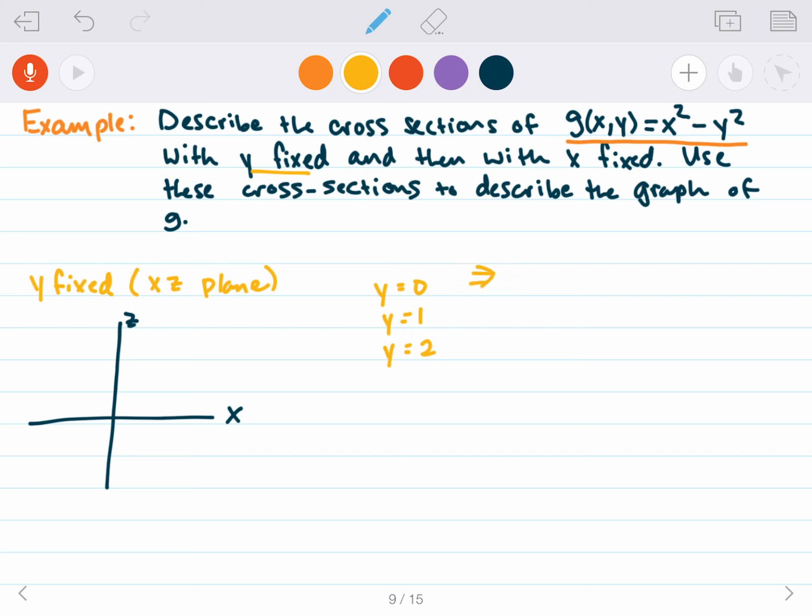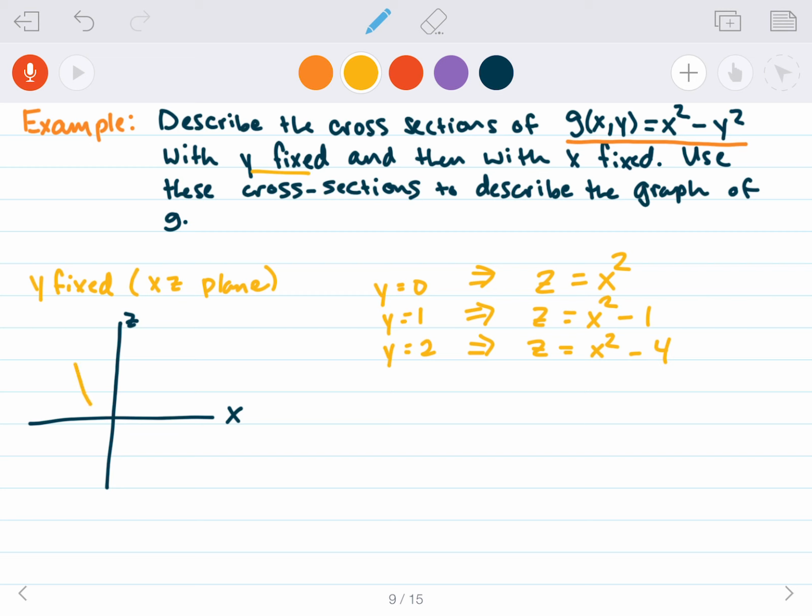So when y equals 0, if I plug in 0 for y up here, I just get z, which is g of x comma y, equals x squared. When y equals 1, I get z is equal to x squared minus 1. When y equals 2, I get z is equal to x squared minus 4. So I can graph all of these guys.